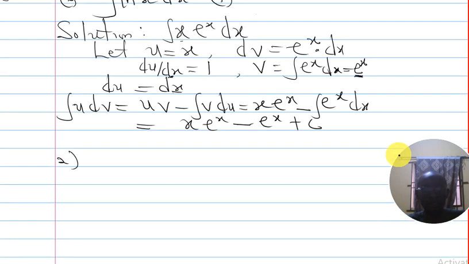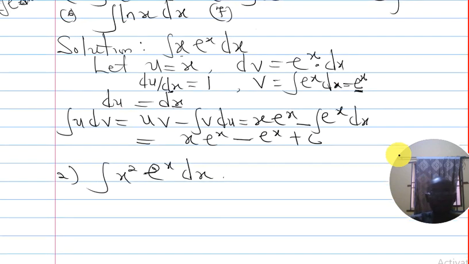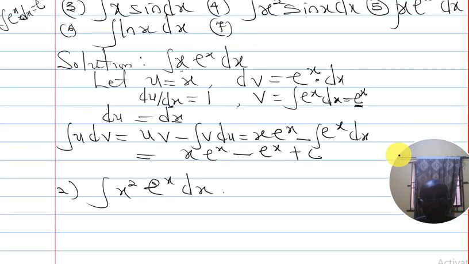We have to integrate x square e raised power x dx. Okay. Now, before we can solve this thing, we can see that this one is differentiable. We also say let u be equal to x square, okay?